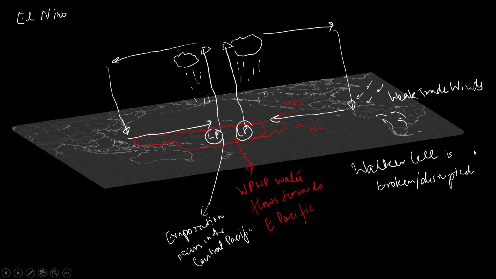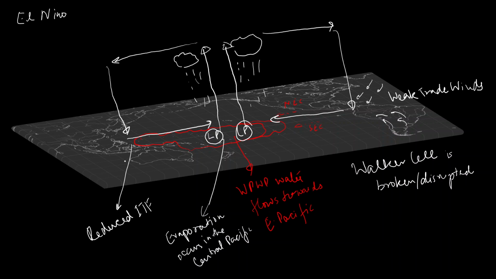As a result, the warm pool which was there previously on the western side of the Pacific Ocean is now diminished, it is weak. This will also cause reduced Indonesian throughflow, reduced ITF.